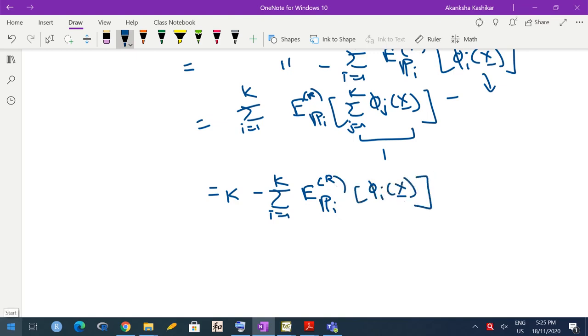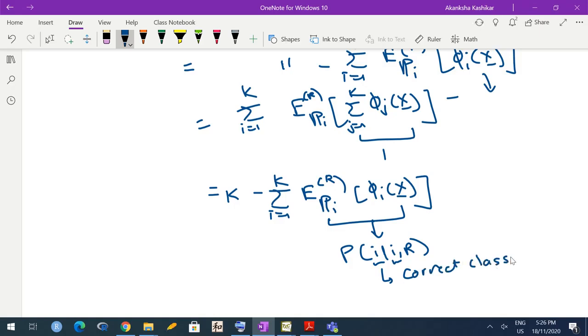Okay, what is this? Let us pay attention. This is P(i | i, R) using our earlier notation. So this is the probability that an observation coming from the ith population is classified into the ith population. So this is actually the correct classification probability, and this is the sum over correct classification probabilities.